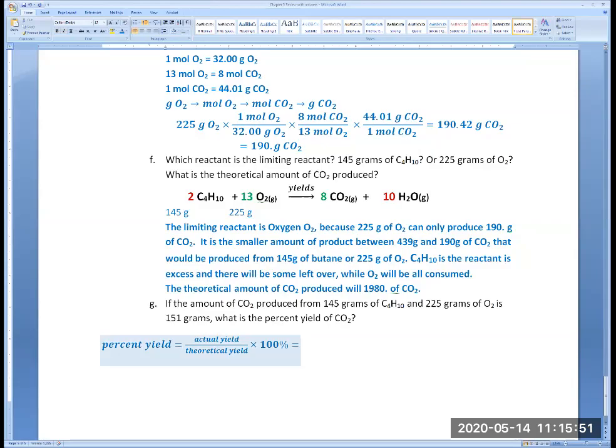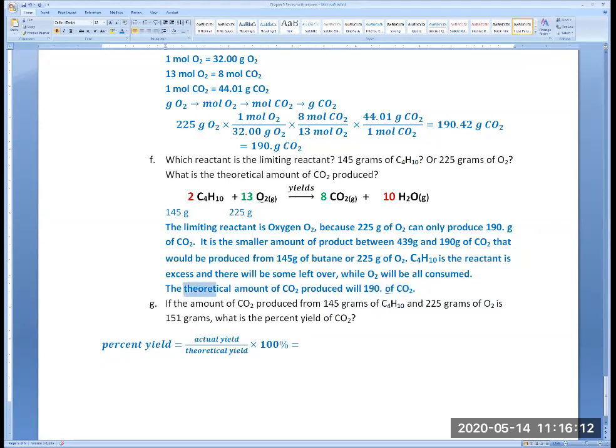And so the theoretical yield, we just answered the question above. What is the theoretical yield? The theoretical amount of CO2 produced from those amounts of reactant was this, right? So this is our theoretical yield here.